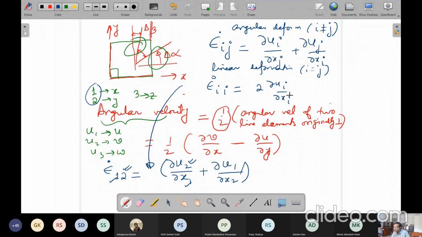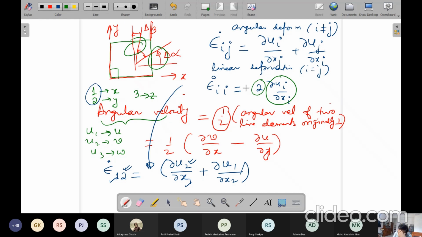But from our mathematical formula of the linear strain rate, we have seen that it is actually only this one, right? Recall that epsilon dot xx is the partial derivative of u with respect to x. Just look into the derivations of the change in length and change in volume. You will see that derivation that I have done in the class. So this 2 factor is not there.